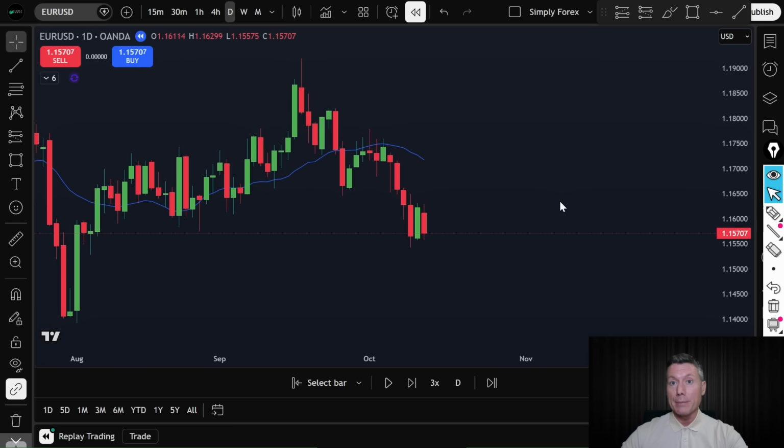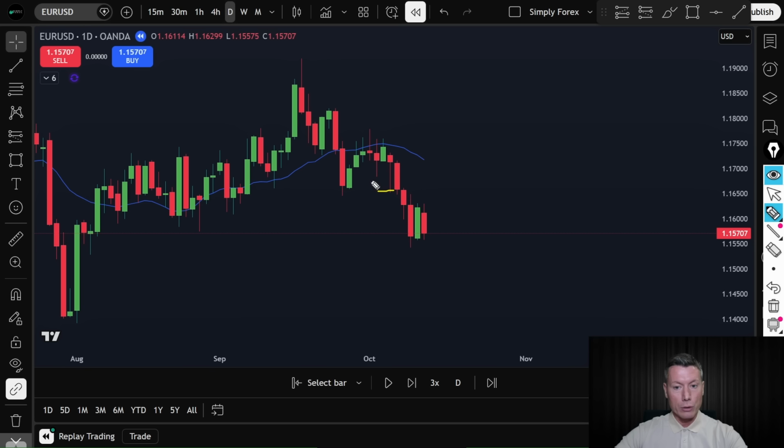That can come in many forms. We've got horizontal support and resistance, we've got dynamic support and resistance, we've got trend lines, etc. Now, let's plot some. In order to plot good support and resistance, you just need to look where price has reacted historically.